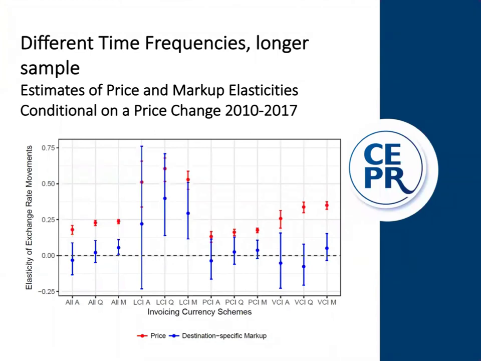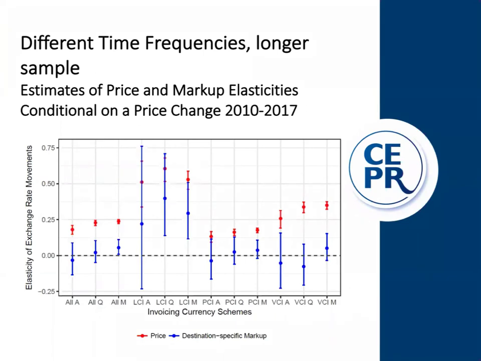Similarly, if we go to the right of the figure, whether a firm is invoicing in the producer currency of Britain, the sterling, and whether that's annual, quarterly, or monthly, or if we look at the far right, where we see elasticities for transactions invoiced in vehicle currencies, again, we get the same sort of pattern. Export price elasticities are modest, around 0.2, but markup elasticities are not statistically different from 0.